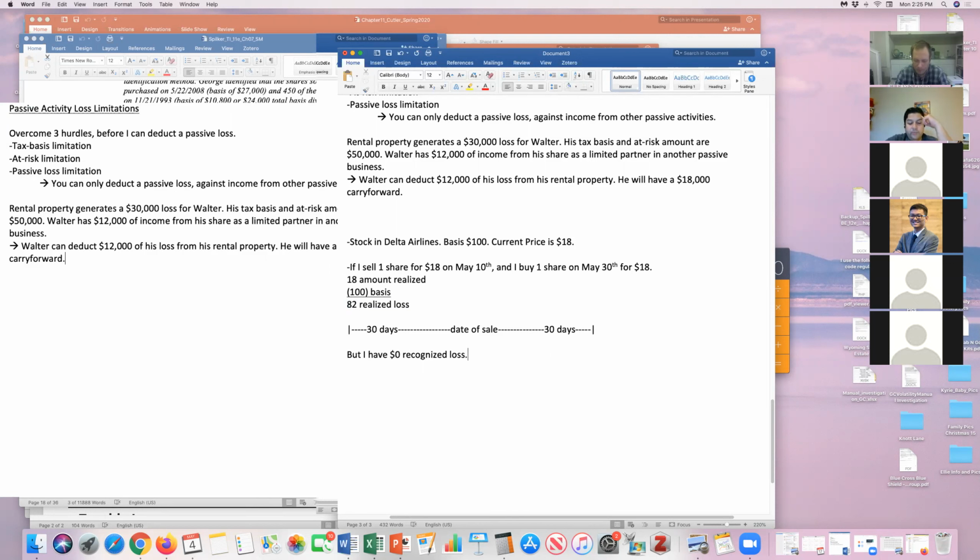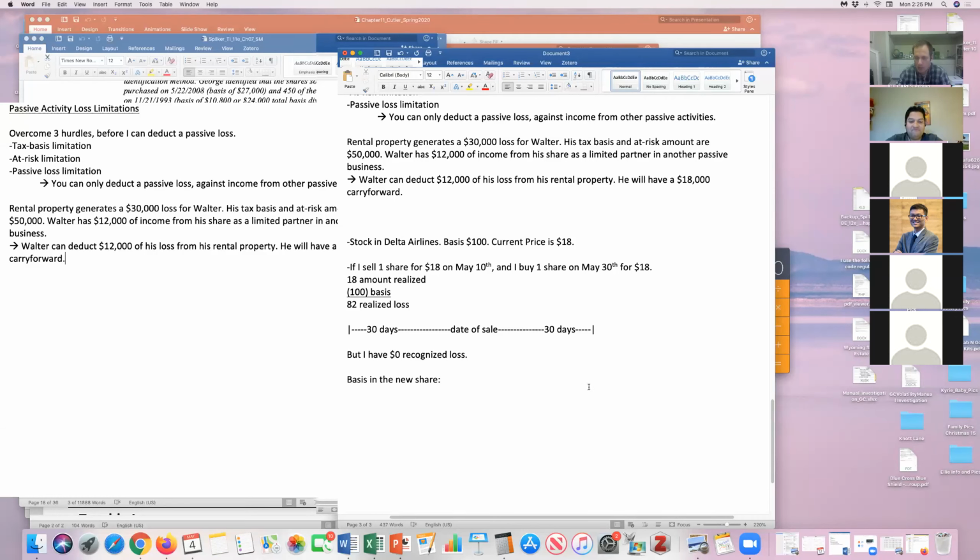The only other aspect is my basis in the new share. Technically, my basis in the new share would be $18 because that's what I paid for it. That would be unfortunate, because if I then sell it and don't replace it, I would have no loss, and I would totally lose that loss. They're not that harsh.